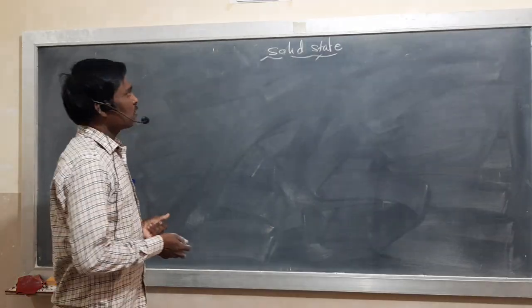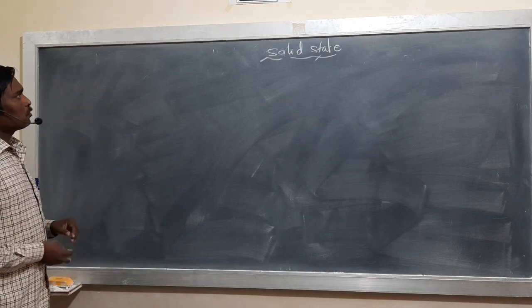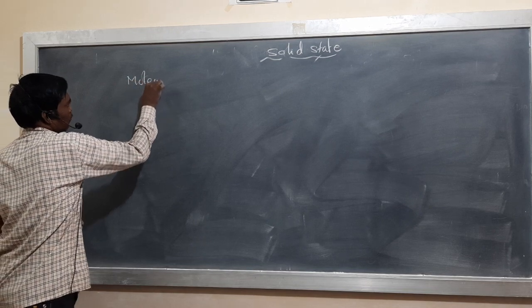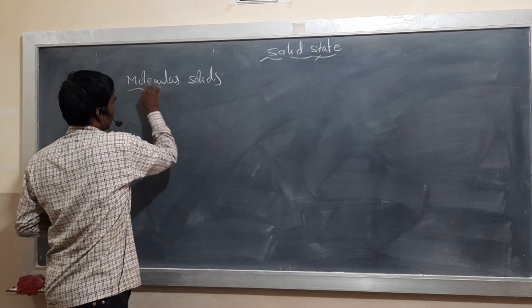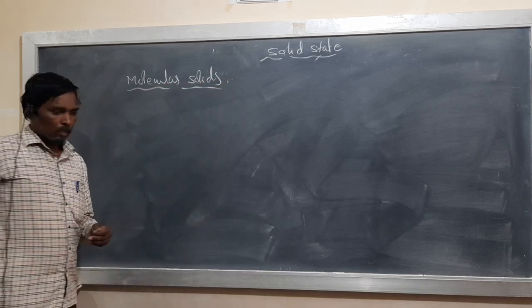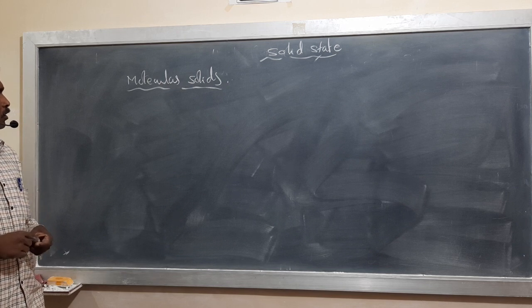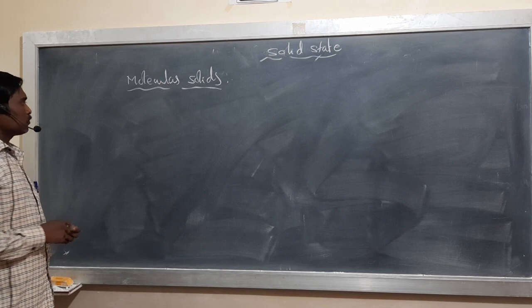Students, after metallic solids, the next type of solids is molecular solids. Molecular solids are again classified into three types.